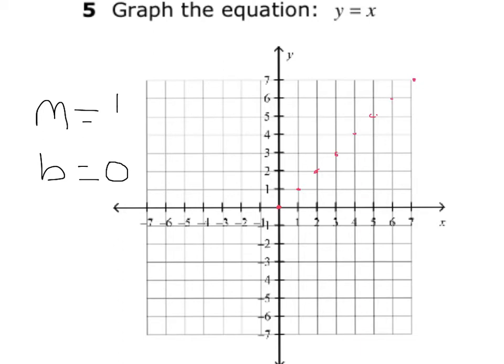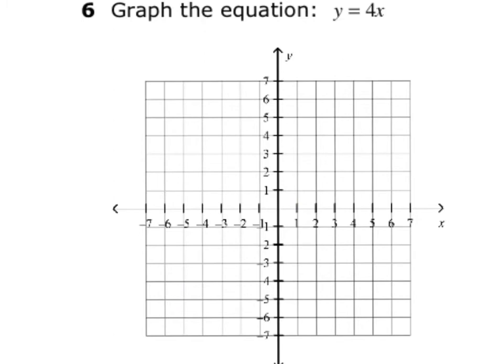And then we would go down 1, backwards 1 until I run out of space going the other direction. We will connect the dots. And that graph represents y equals x.